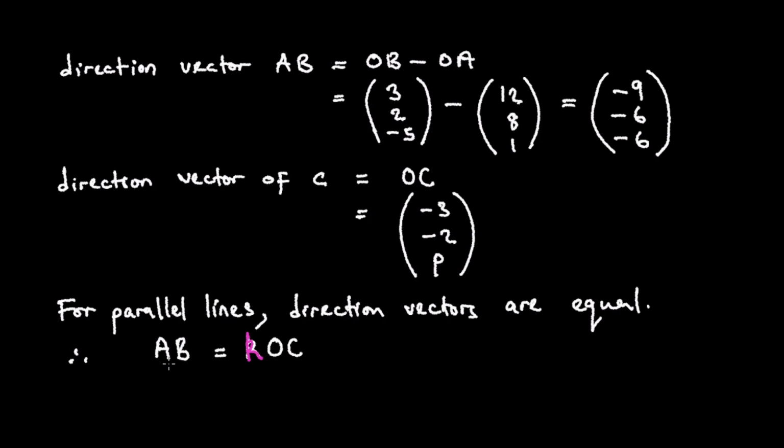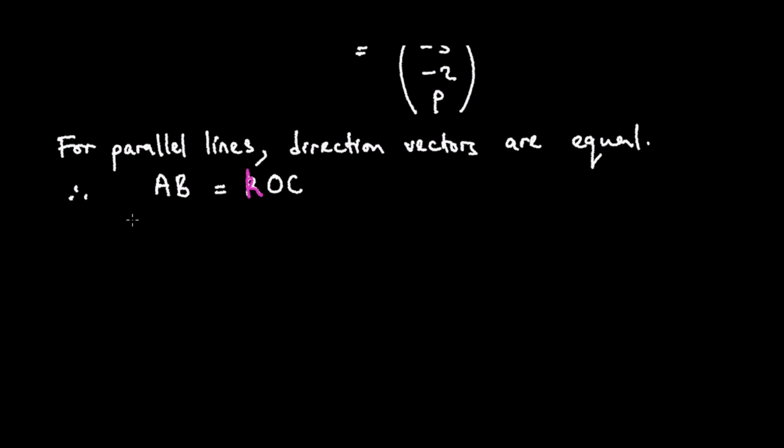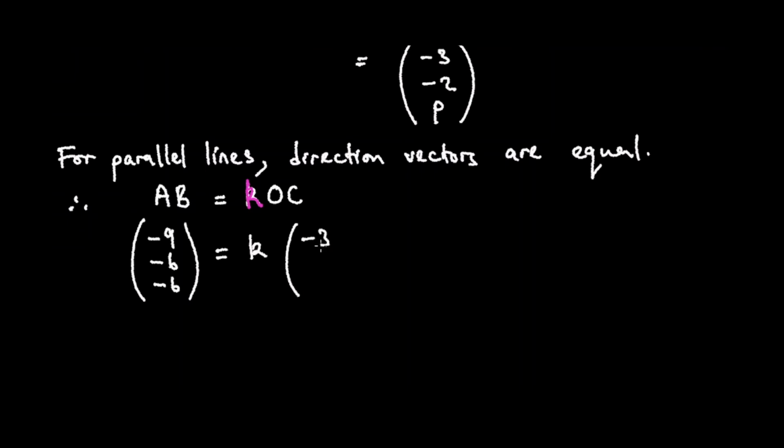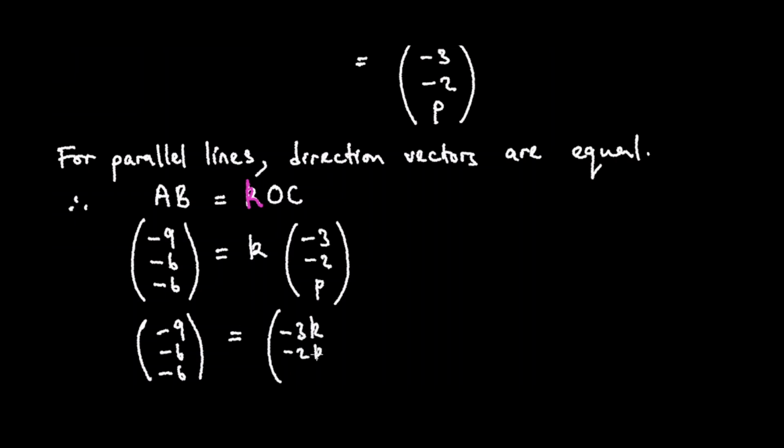AB is a direction vector, and OC is the direction vector of the line which contains the vector C. So putting this together: (-9, -6, -6) is equal to k multiplying OC, which is (-3, -2, p). When we use a scalar multiplier, it multiplies every component. So this becomes -3k, -2k, and kp.